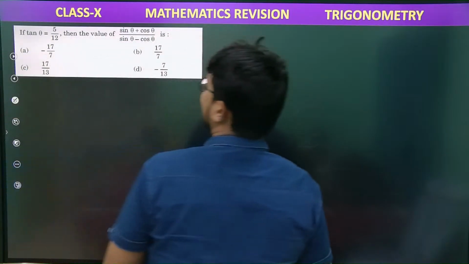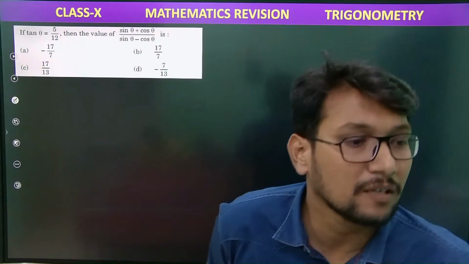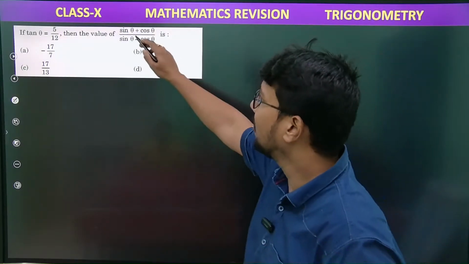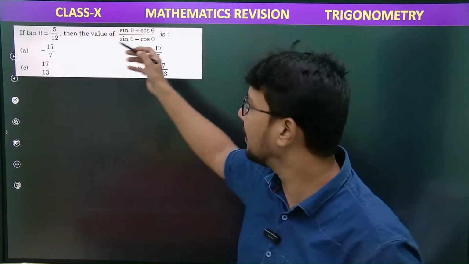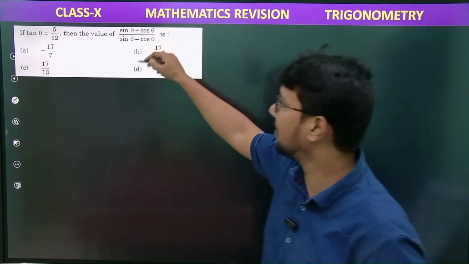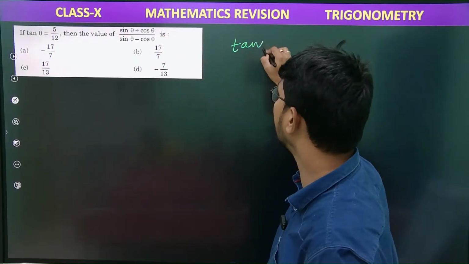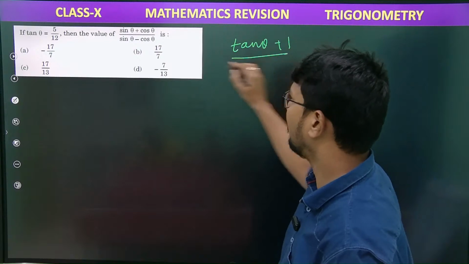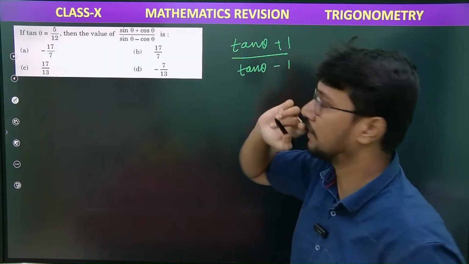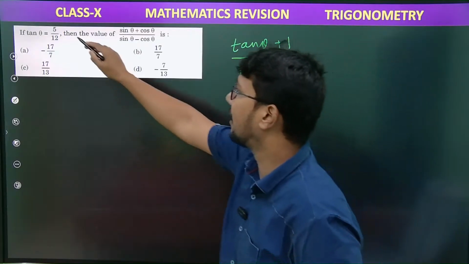Now see how to write sine in terms of tan. We have to divide by cos, in both numerator and denominator. So you'll get sine by cos, which is tan theta. So tan theta plus 1 by tan theta minus 1. What is the tan theta value?